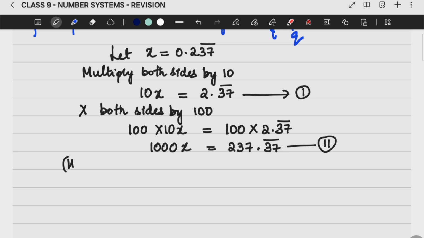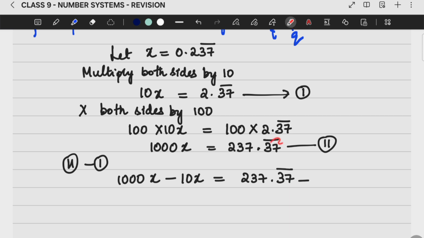The same thing now, subtract 1 from 2. So you will have 1000x minus 10x equal to 237.37 bar minus the RHS of equation 1, which is nothing but 2.37 bar.